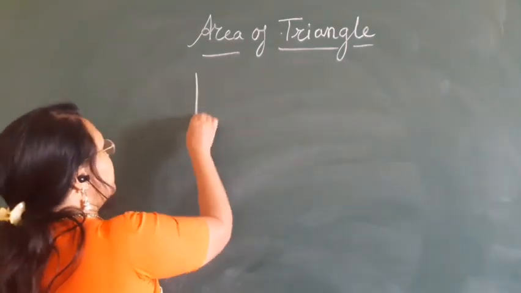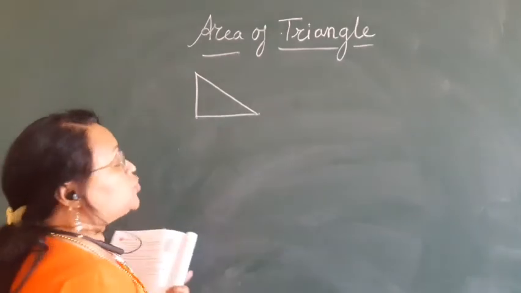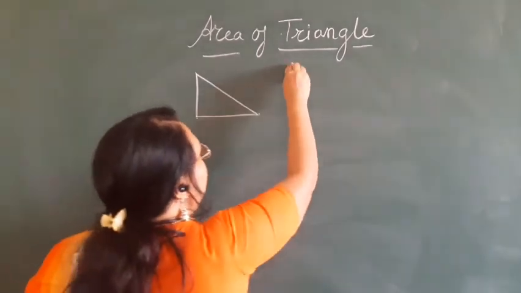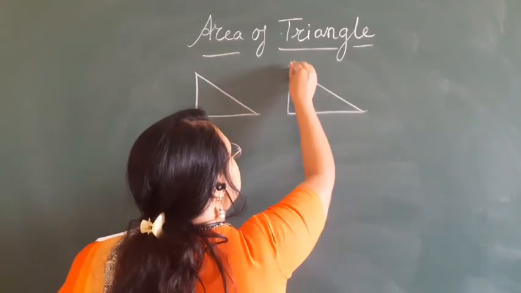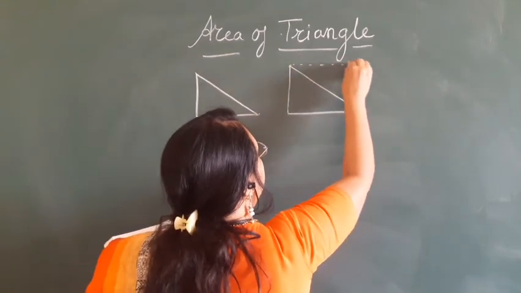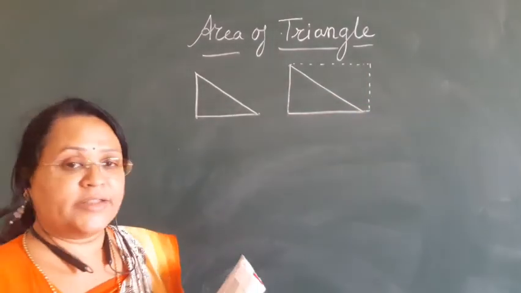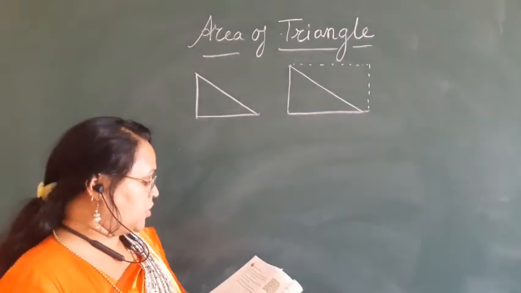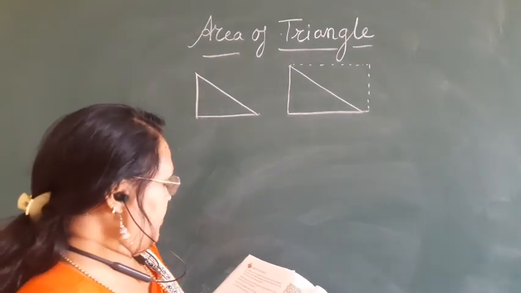So we have to find the area of this rectangle. But we cannot find the area of this rectangle easily, so for that we have to draw the square first. Like this, by dotted line we have to complete the rectangle or square. Okay. So now we can find it.